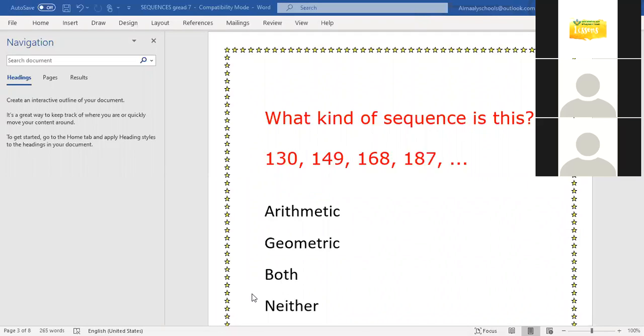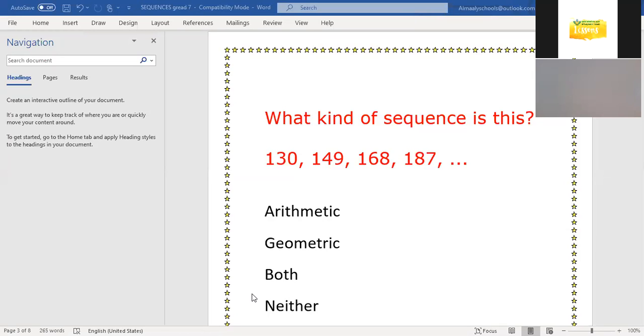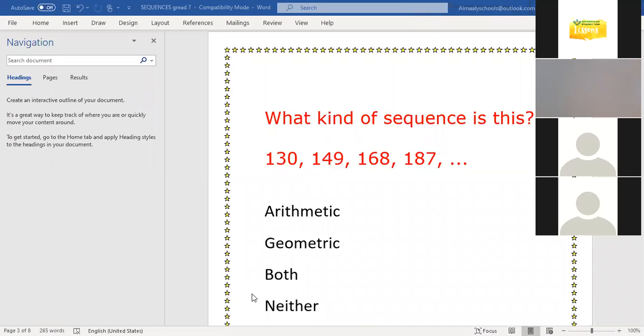Please, my sons, look at question one. Who can answer me? What is the first term of this sequence? The first term. The first term is? You can answer directly, no problem.